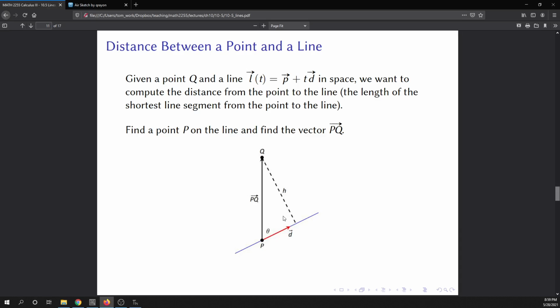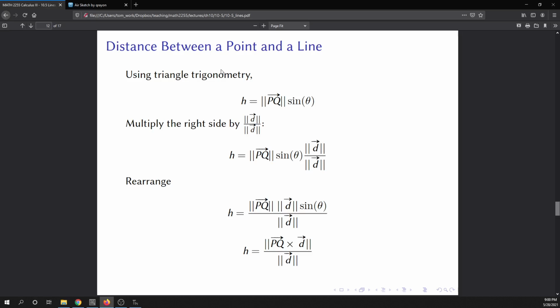All right, and so if you think about it in terms of triangle trig, I have the angle between the vector from P to Q and the direction vector for the line. If you think about the sine of that angle, it's going to be the opposite, which is h, the length that we're looking for, divided by the length of the hypotenuse, which would be the magnitude of the vector from P to Q. Okay, so just using triangle trig, we can get that height, or that distance that we want to find, by solving for it.